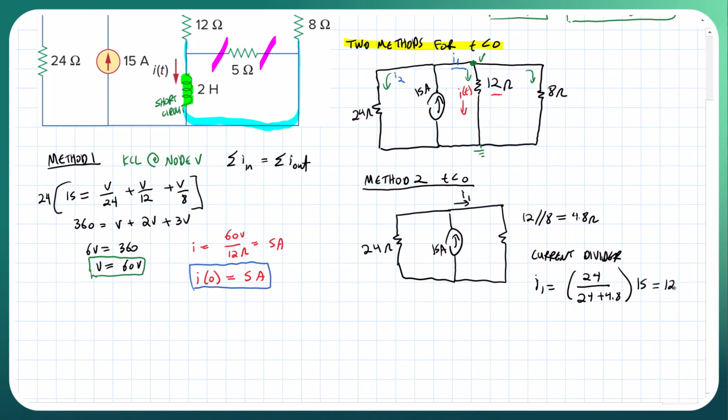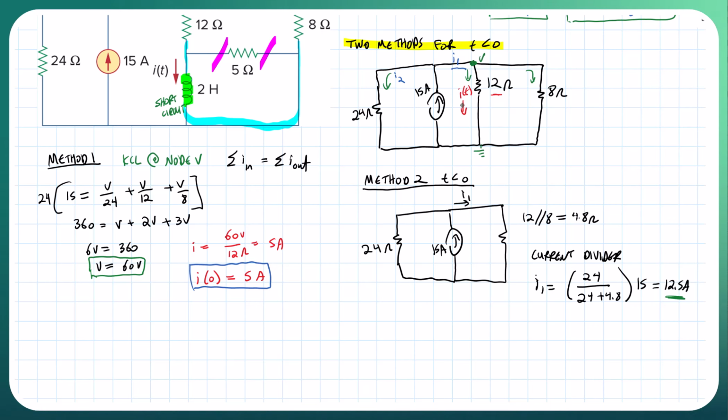That's going to give us 12.5 amps. And then we're going to take this 12.5 amps here and go back to the original circuit up here and do another current division analysis.